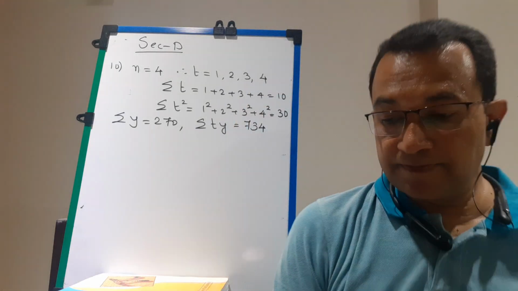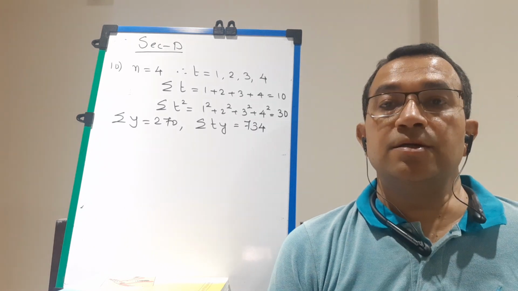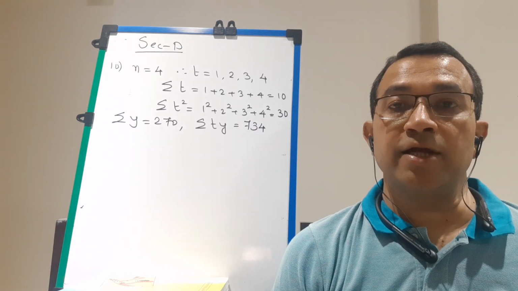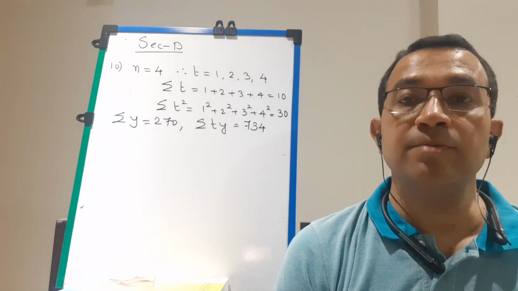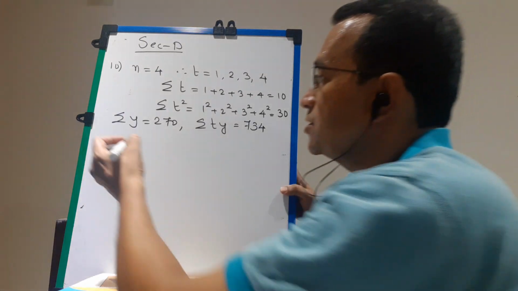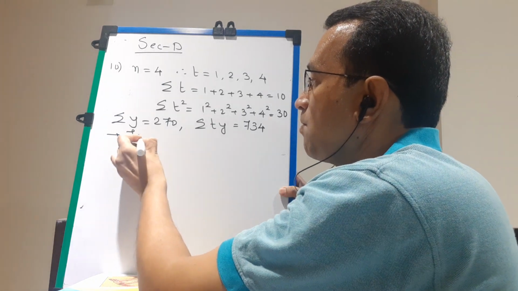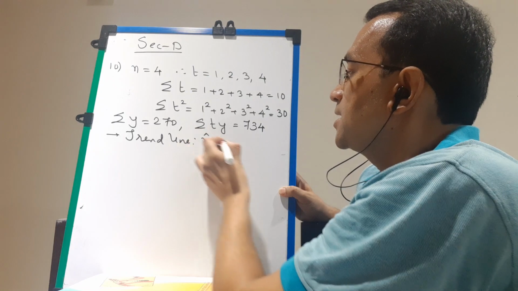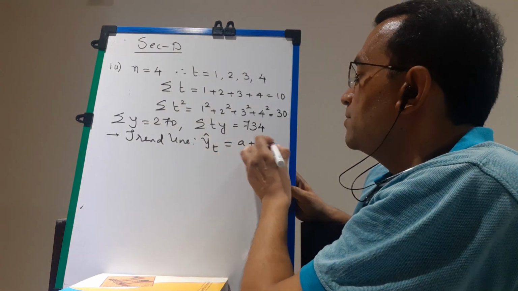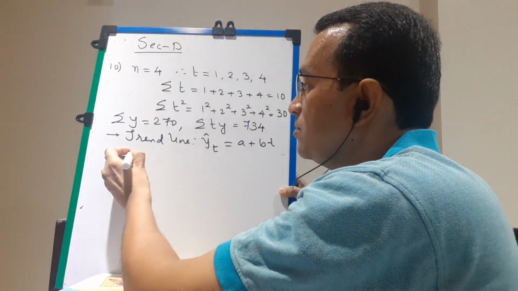Here I am not writing the first step which you have to write. The required trend line equation is yt cap is equal to a plus bt. I am only writing the equation. Trend line yt cap is equal to a plus bt. Formulas for b and a.